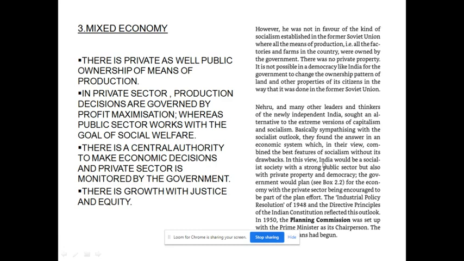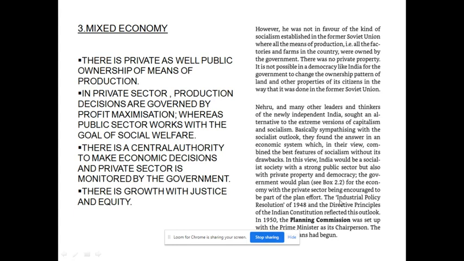So therefore, India would be a socialist society with a strong public sector, but also private property will be allowed, and democracy. The government would plan, as you see here, there is a central authority to make the plans. And the private sector will also be encouraged to be part of the plan effort. So the public sector will be in the leading role, but there will be private participation in the planning efforts of the government.